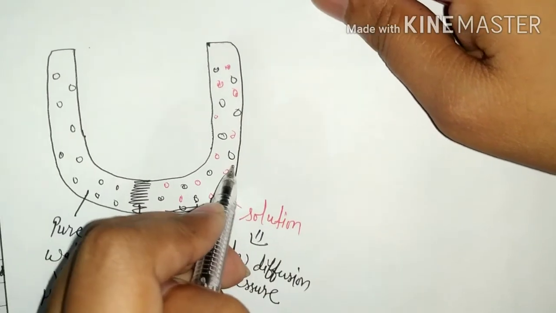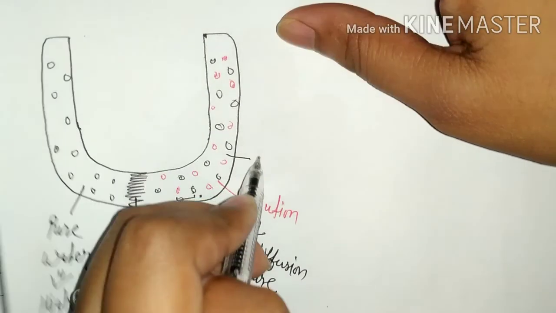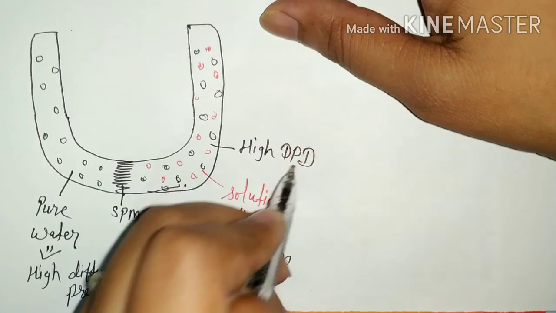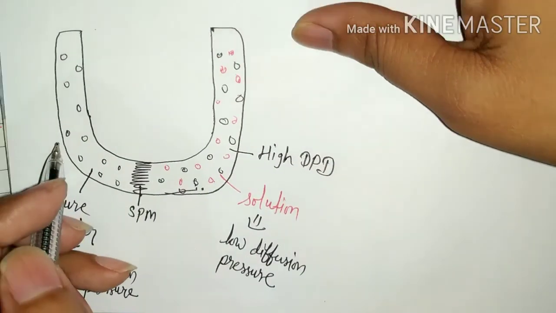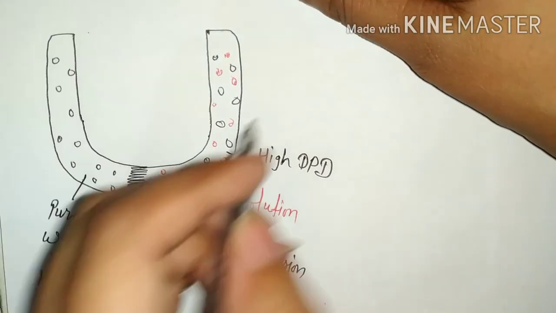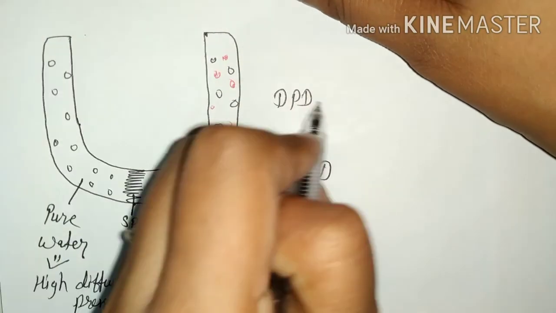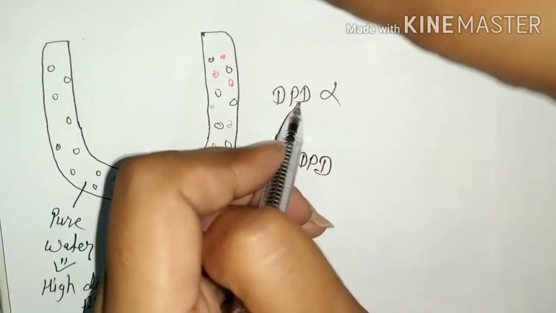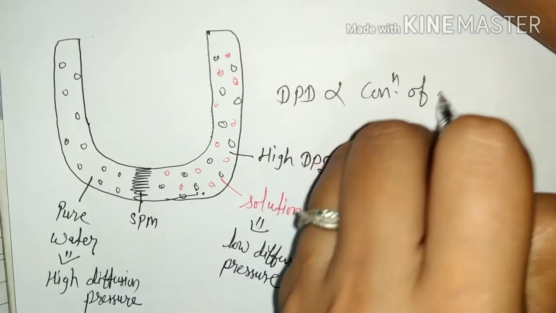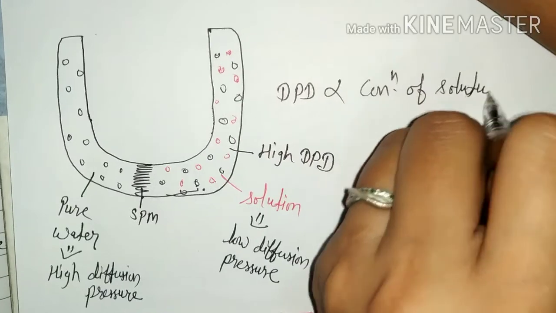A solution has high DPD due to dissolved solute, because DPD is directly proportional to the concentration of solute.